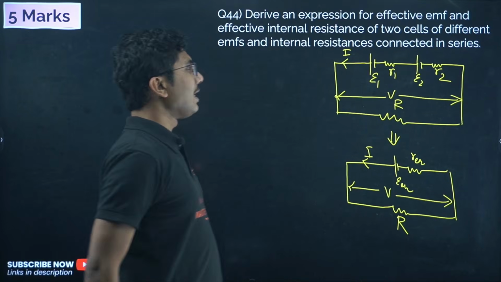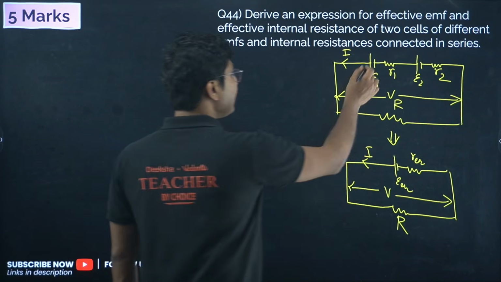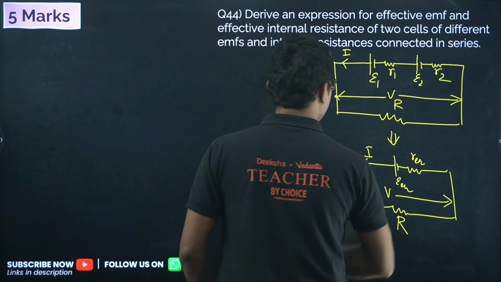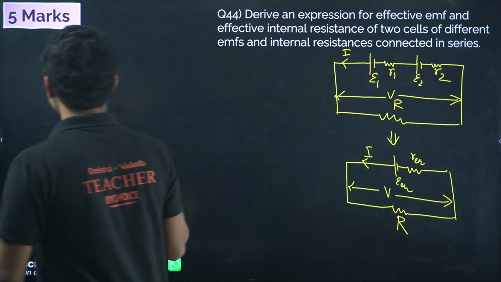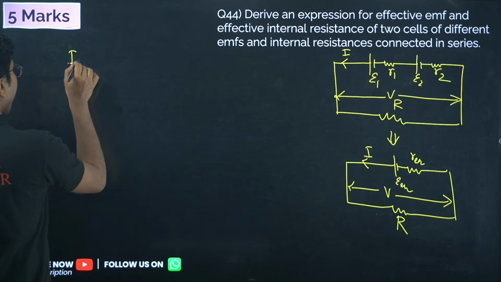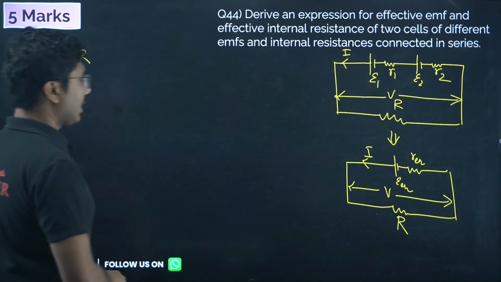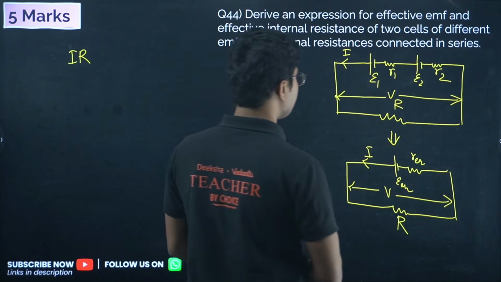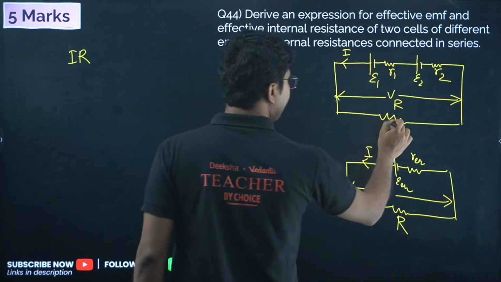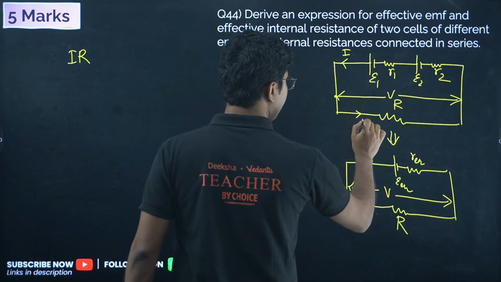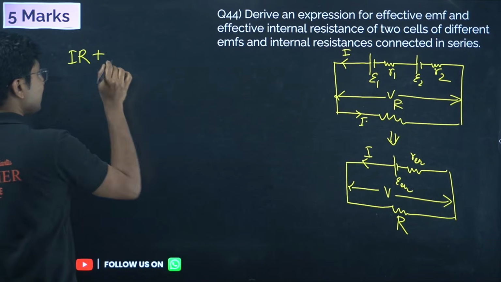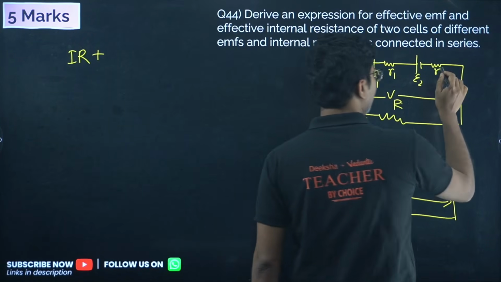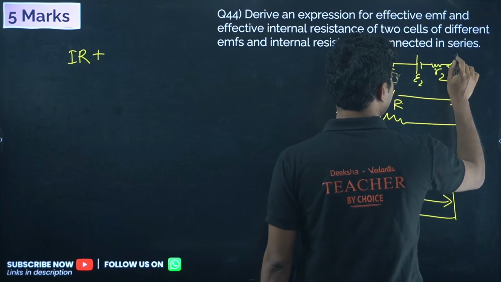Now let us apply Kirchhoff's law in this loop and try to find what is happening. If you apply Kirchhoff's law in this loop, we will get I into R, plus we have one more resistance over here.